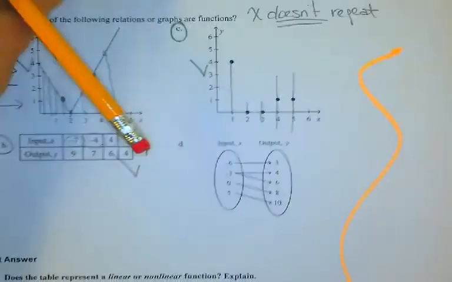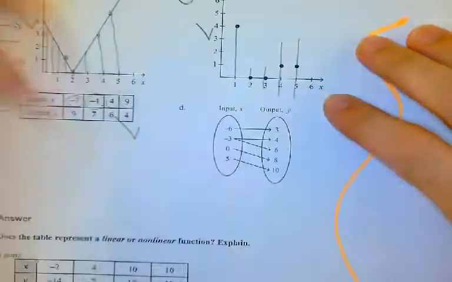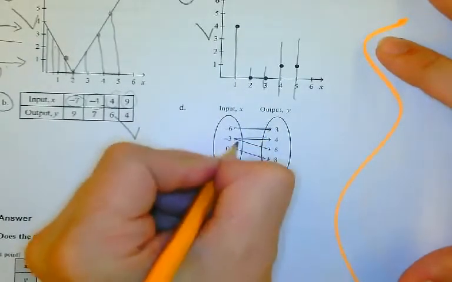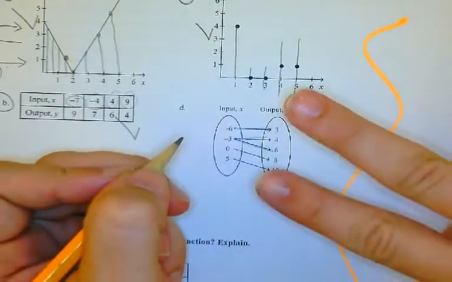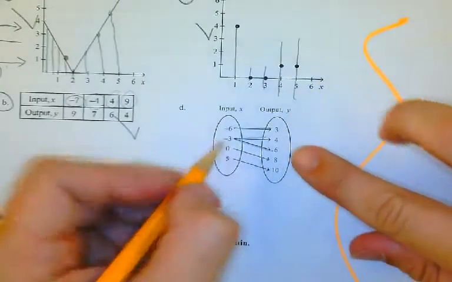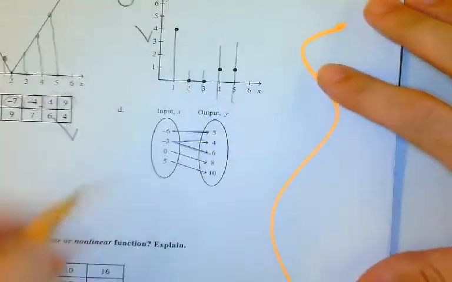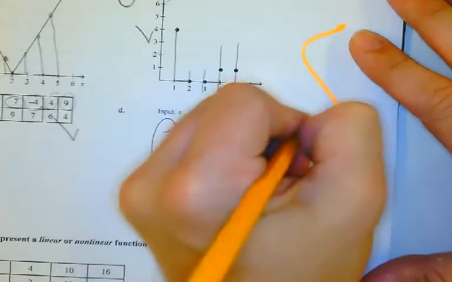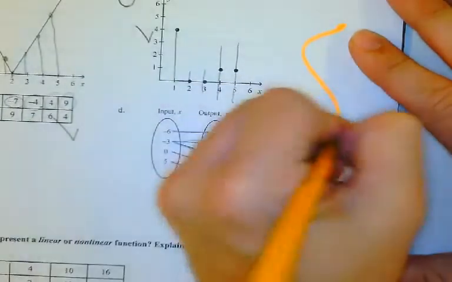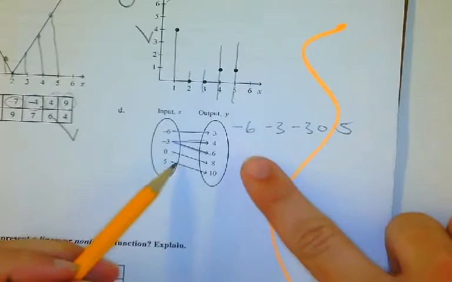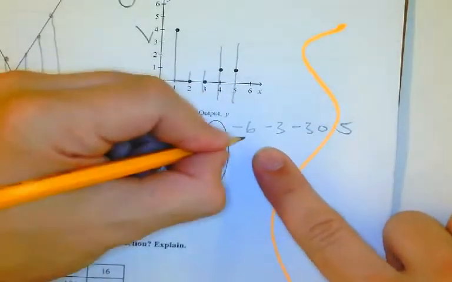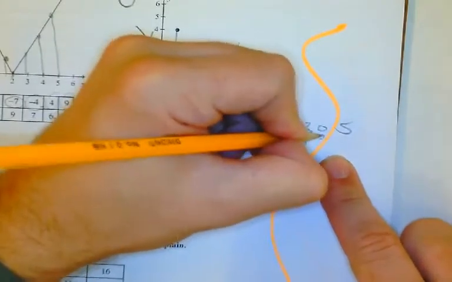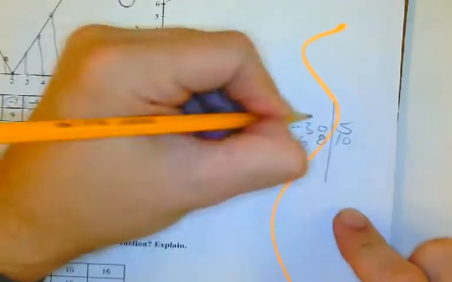All right, last option is letter D, and we can see there's a -6, there's a -3, and there's 2 of them. There's a 0 and a 5. So if we wrote this out, it would be -6, -3, -3, 0, and 5. And then here, we would have 3, 4, 6, 8, and 10.